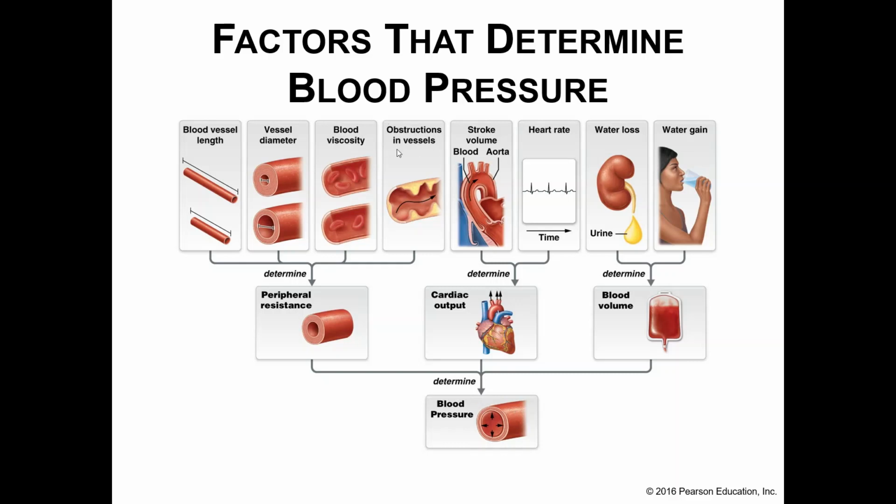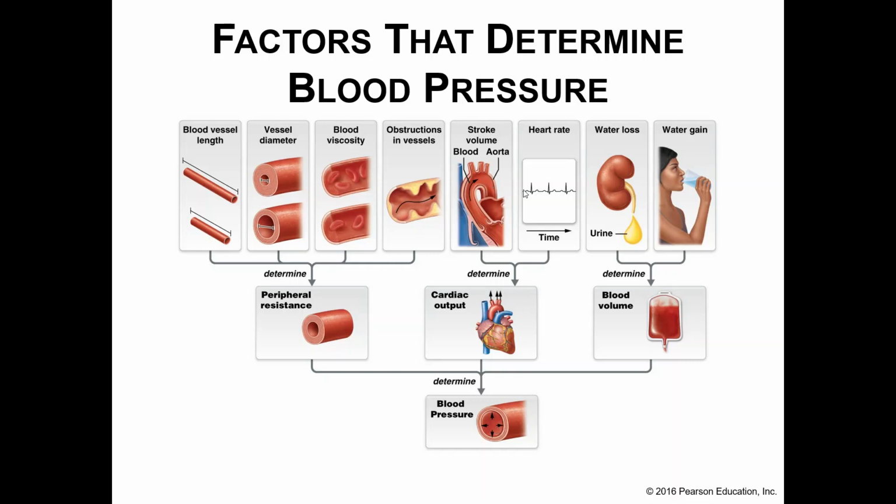This one we didn't directly mention, but this one should also make sense. Obstructions in your vessels, these are plaques from arteriosclerosis. If it becomes harder for your blood to move through your vessels because of all of these obstructions, that will also increase your peripheral resistance, which increases your blood pressure.